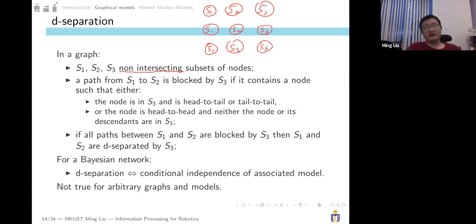By looking at the directions of arrows among all these, you only have limited cases.